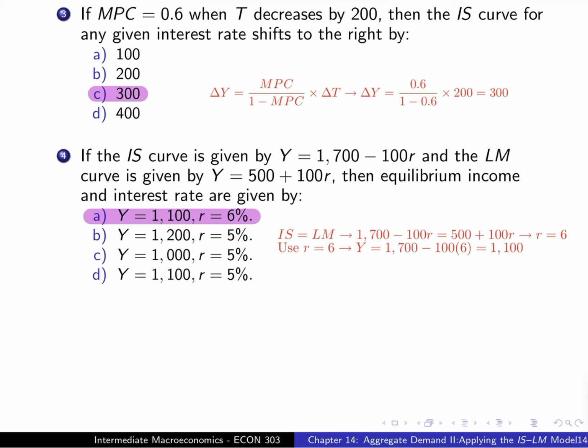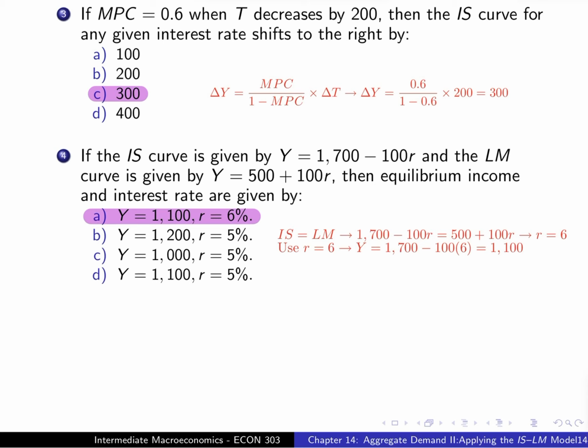In this chapter, we use the ISLM model to explain how the economy behaves in the short run. We saw that fiscal policy shifts the IS curve, while monetary policy shifts the LM curve. The point where the IS and LM curves intersect determines the level of output and the interest rate in the short run.